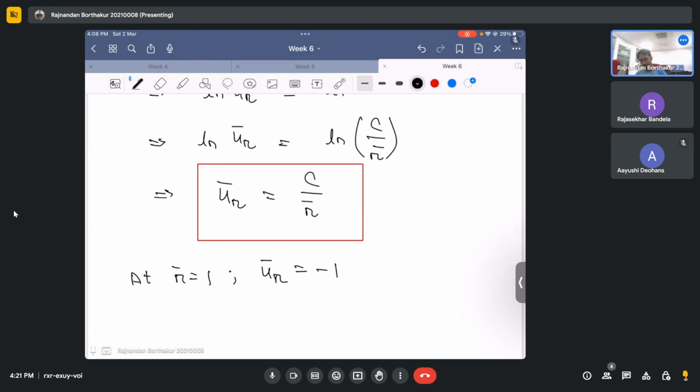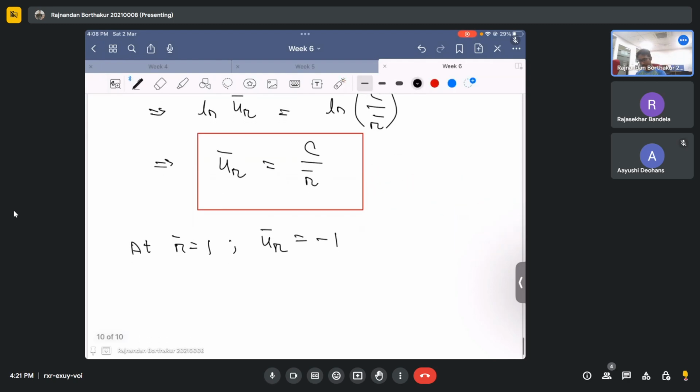Okay, so this means that c will turn out to be equal to minus 1 if you just substitute this. So your c becomes equal to minus 1, which means your u_r bar is basically minus 1 by r.